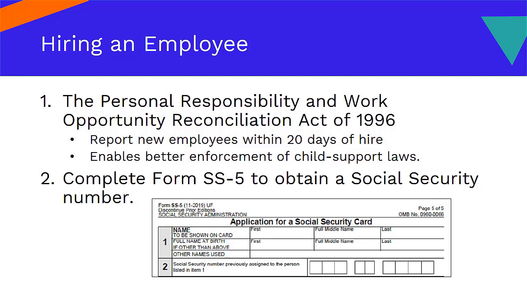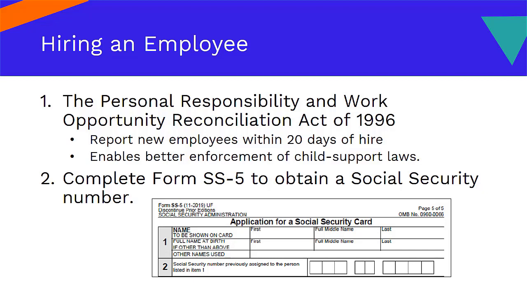This act is actually a welfare reform to revamp the welfare system, and it indirectly impacts the payroll process. When the state receives information about a newly hired employee, it matches the record against the child support system to locate the parents that are working and need to pay child support.